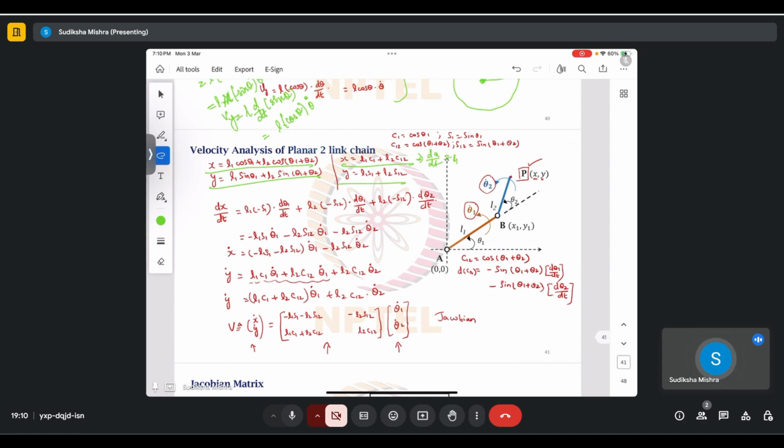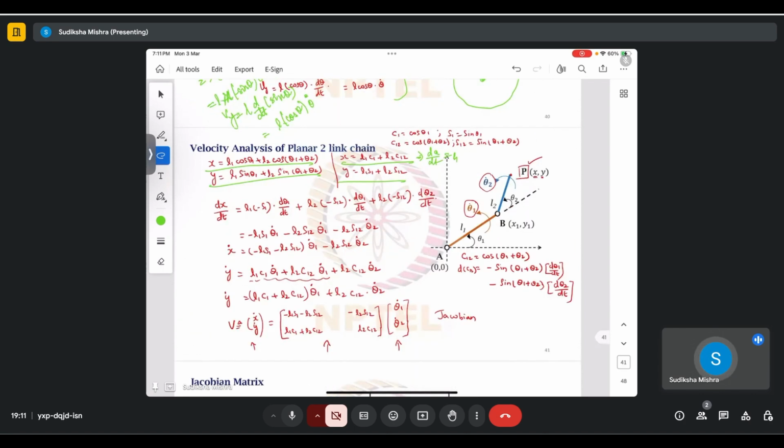L1 is constant, L1 is not changing, so we don't need to consider it in the differential. Differential of cos is minus sine theta 1 dot, plus L2 minus S12.